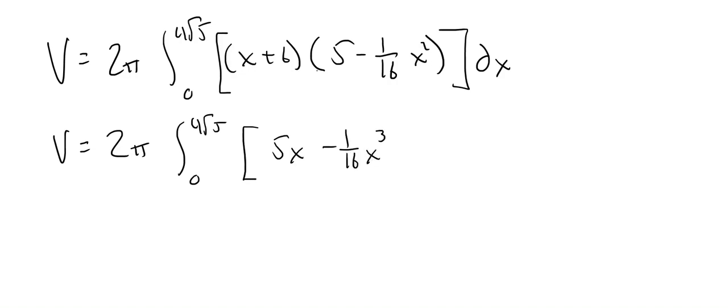And then the inside terms would be 30. And then the last term in each would be 6 times 1 over 16. And so that is minus 6/16 x squared.